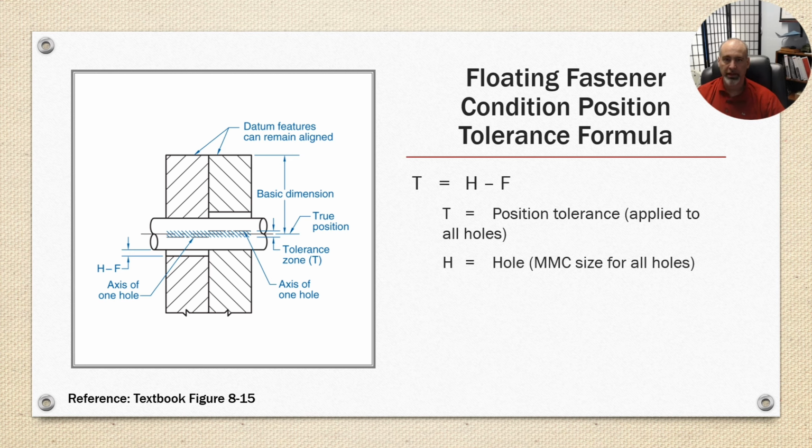H is your hole size at maximum material condition. If you have multiple holes, it would be whatever the smallest hole is at maximum material condition. And F is the fastener maximum material condition size, which is going to be a constant because there's one fastener going through.